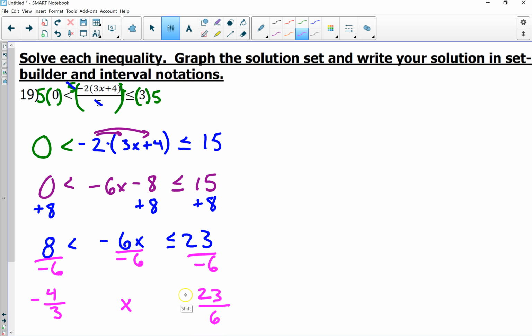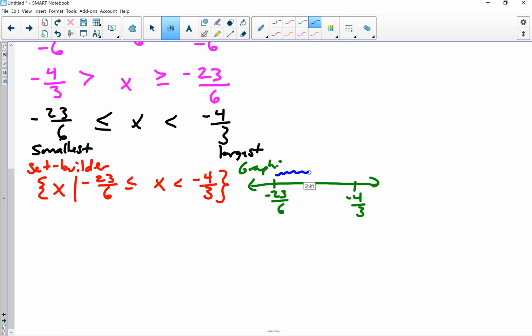Then I would go to graphing on a number line next. So I would draw myself a number line. Any important values we include on that number line. So I want to include -23/6. I'm going to put that towards the left because we know that's smaller than -4/3. And just like our compound inequality shows x is in between, same idea here. My solution is going to be in between those two. So I would shade that section of the number line.